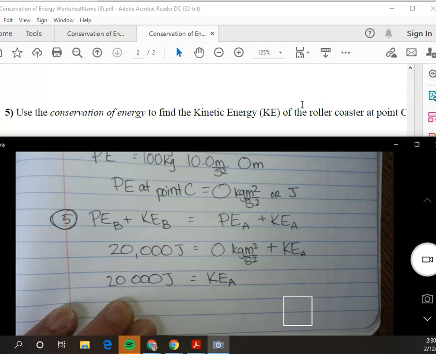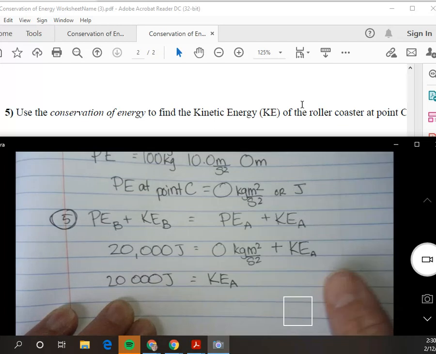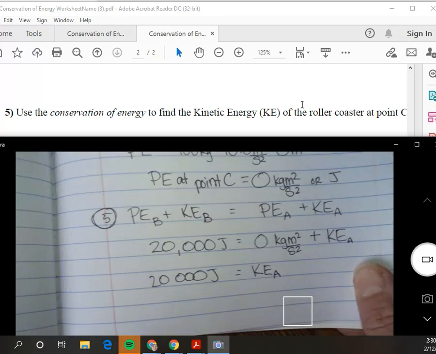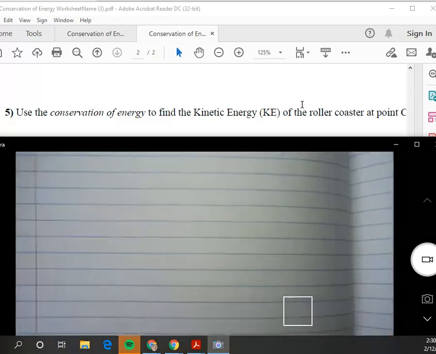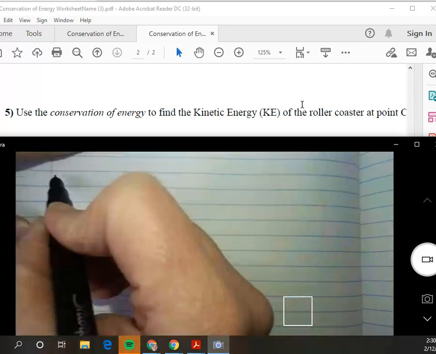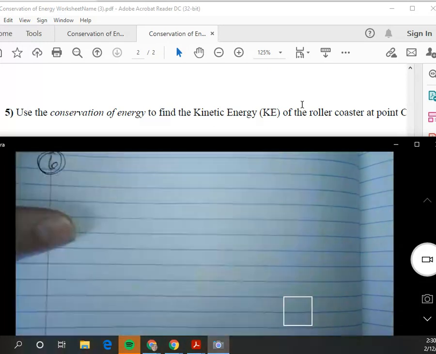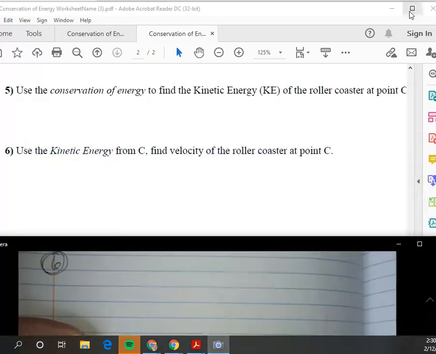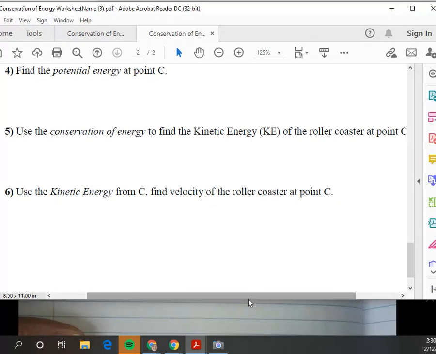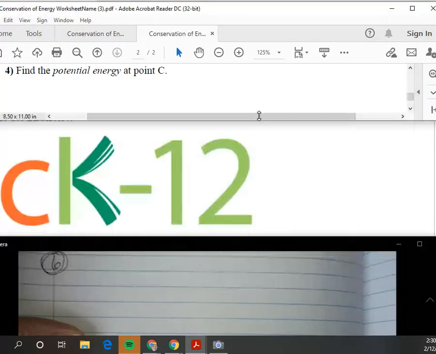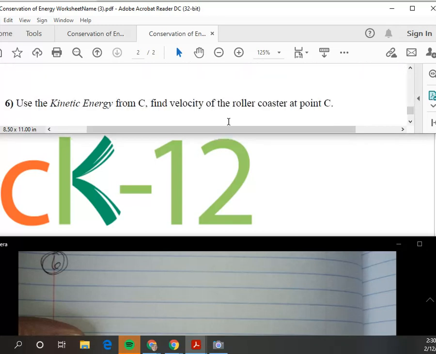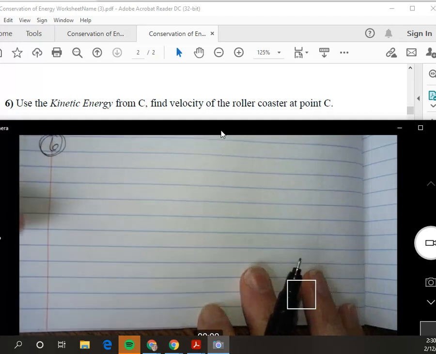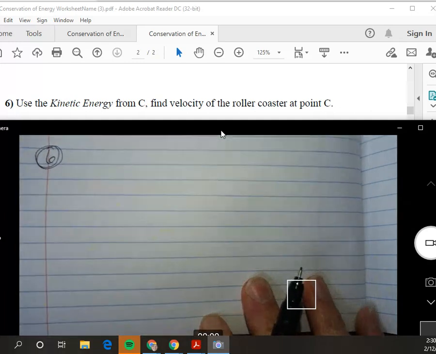I'm just going to slide my notebook over for number 6 so that we can go back to what we already did and look at it. Number 6 tells us to use the kinetic energy from C to find the velocity of the roller coaster at that point.